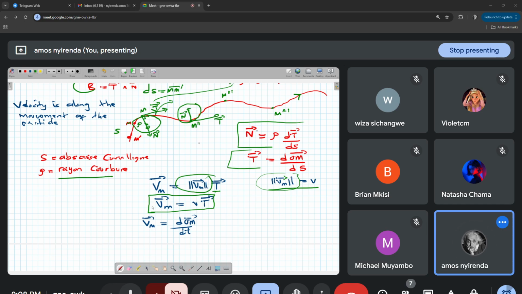The expression for the vector N, the expression for the vector T, how to calculate B, and the fact that velocity has the same direction as the vector T. That is why the unit vector we're using to indicate the direction of the vector of vitesse is going to be along T. C'est clair? So that is why velocity has that expression, that is Vm is equal to v along the direction T.